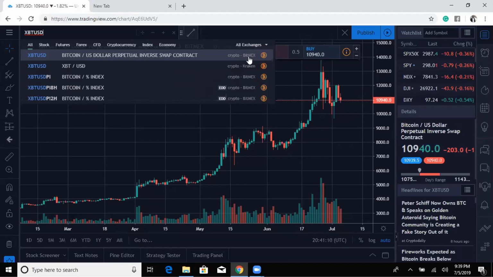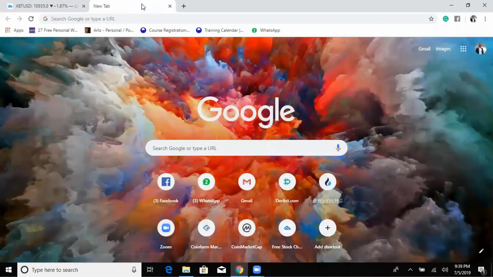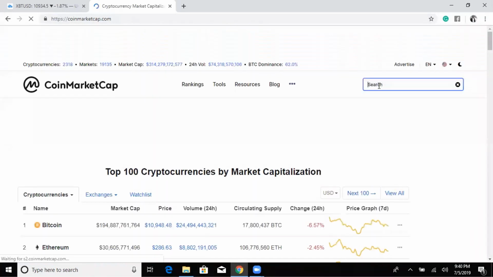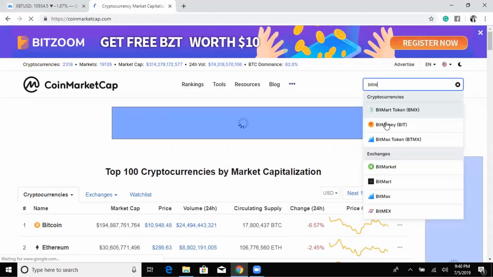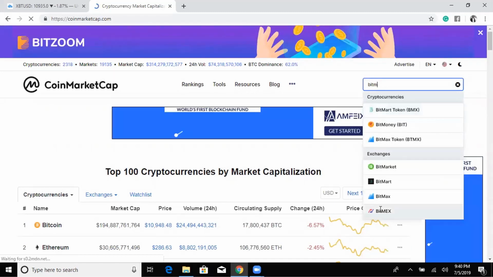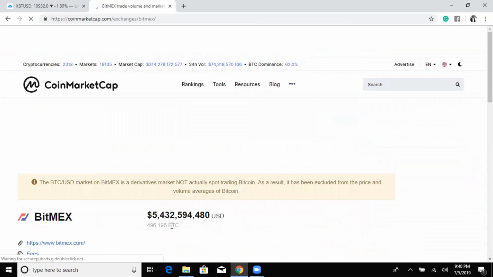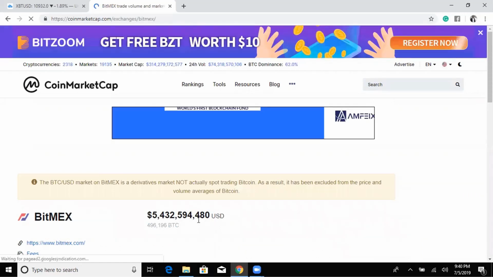So the reason why we're selecting BitMEX is because of volume, trading volume. If you just look at coin market cap, for example, here, let me just type in coin market cap, and I select BitMEX right here. This is their trading volume in the last 24 hours, 5.4 billion.